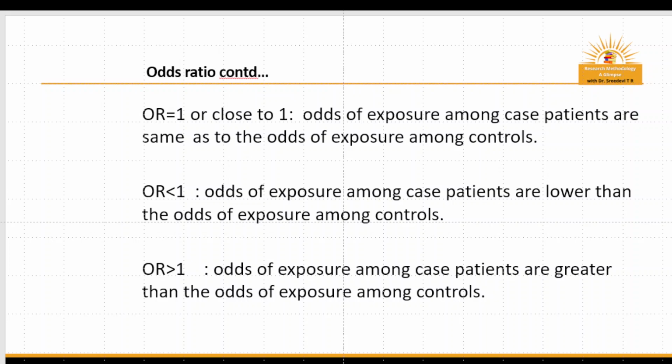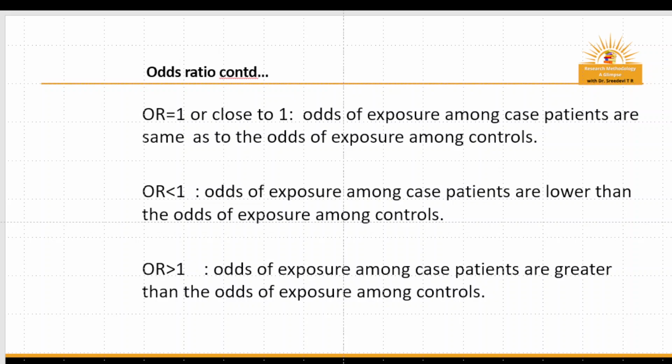What does this 20 mean? Hypertensive patients are 20 times at risk of having heart disease as compared to those who are not hypertensive. Thus, OR is a measure of association between an exposure and outcome. That is all about odds ratio, OR.